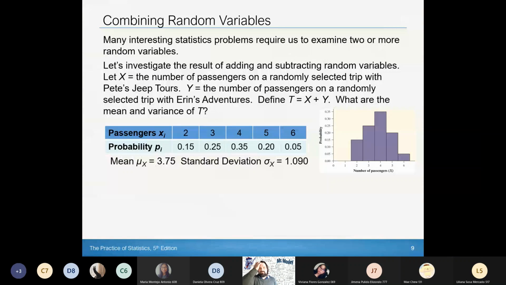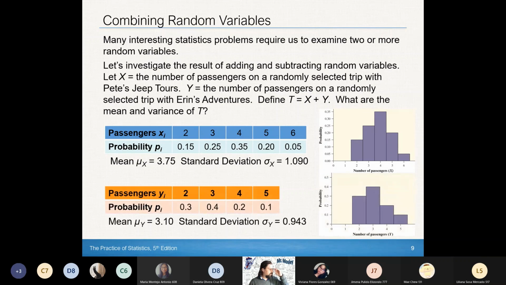So here's our data for Pete. It's the same set of data we saw earlier. Same mean and standard deviation. And here's our data for Aaron's Adventures. Notice Aaron can only have between 2 and 5 passengers. The fact that they're different sizes, so to say 2 to 6 and 2 to 5, does not affect us being able to add the random variables.